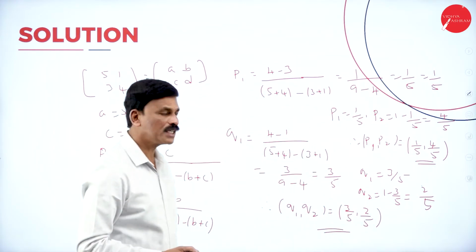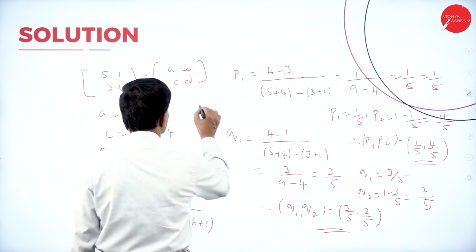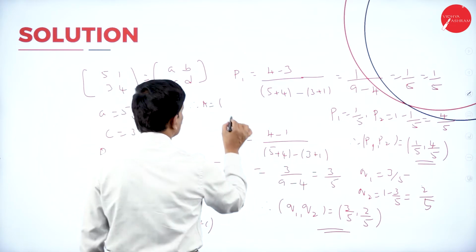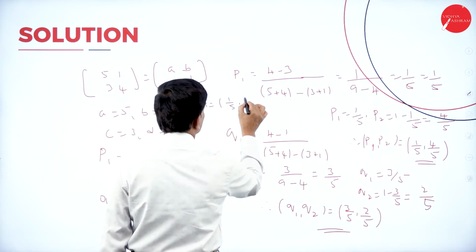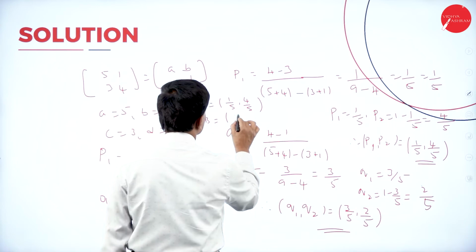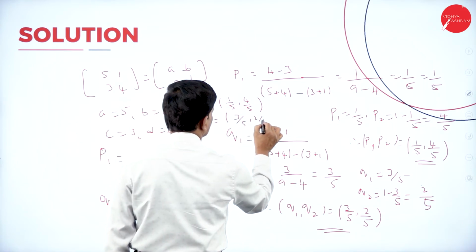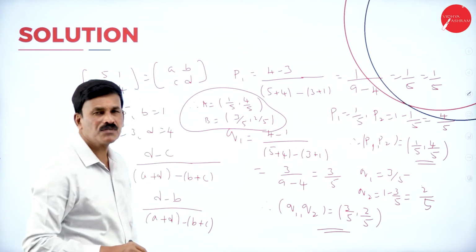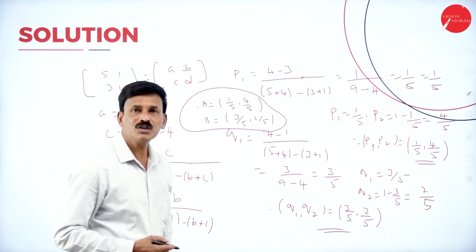Okay. So we can write A is equal to P1, P2, that is 1 by 5, 4 by 5, and B can be written as 3 by 5, 2 by 5. So these are the values of A and B. Now let us find out the value of the game. What is the formula for the value of the game?